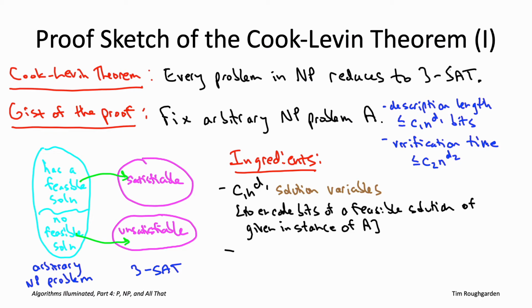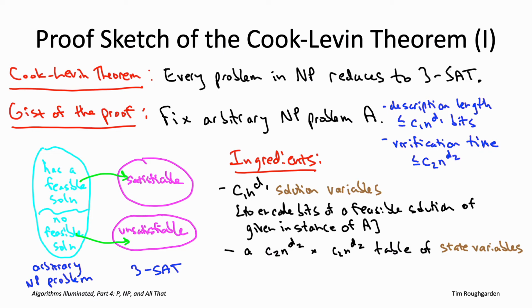That means if you perform at most C2 times n to the D2 time steps, you only have time to reference at most C2 times n to the D2 bits of memory. Therefore, we can basically summarize the entire computation of this verification procedure with a table with C2 times n to the D2 rows and the same number of columns.